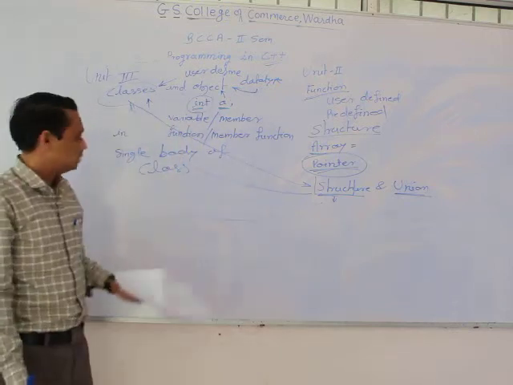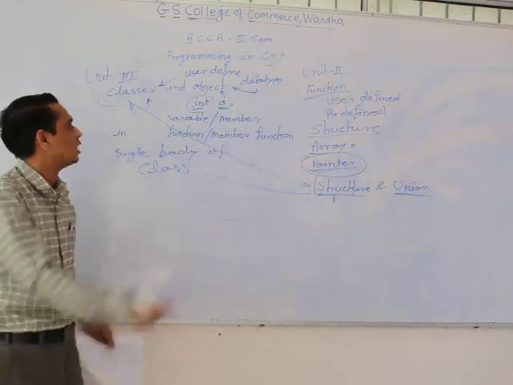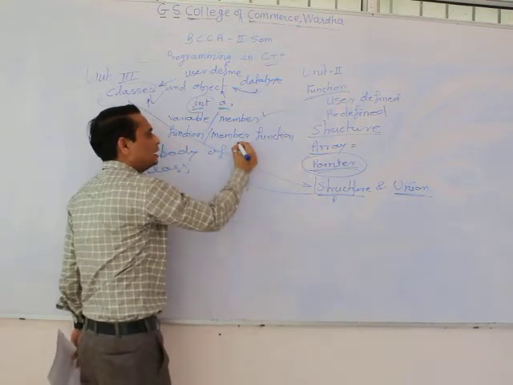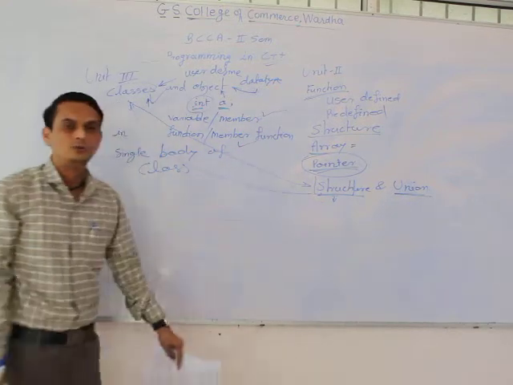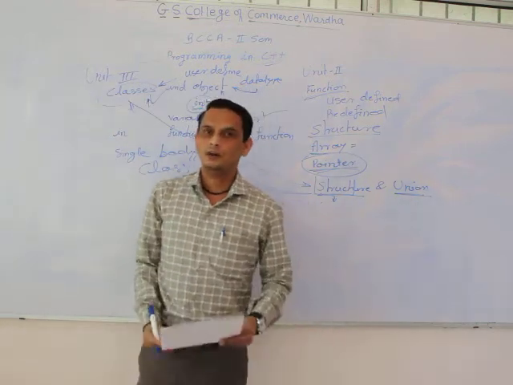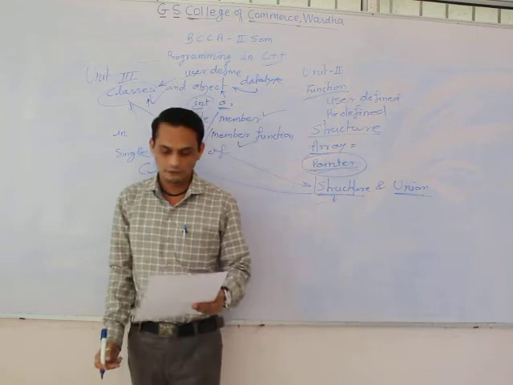So in this chapter we discuss how to create a class, how we can define a member and a member function, and how we can use those member functions to access the members of a class.